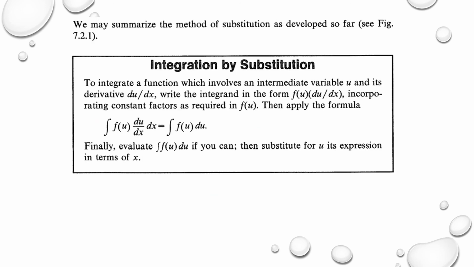Let's summarize this whole process. To integrate a function which involves an intermediate variable u and its derivative, the integrand is in the form f of u and du by dx, which is equal to this.